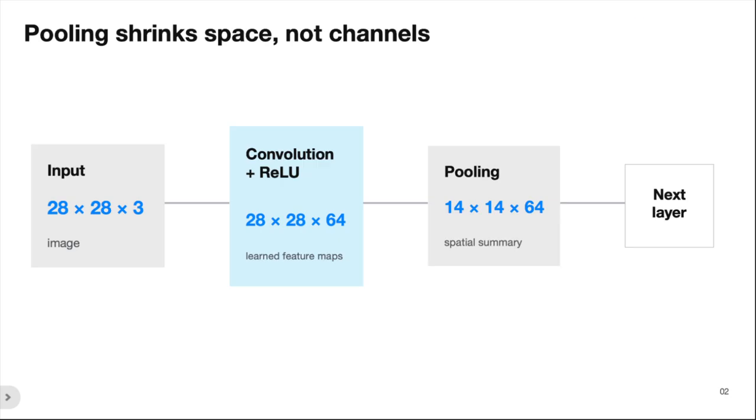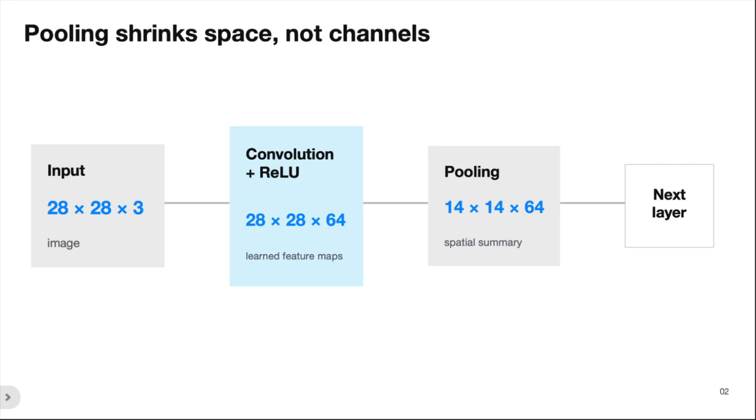Pooling normally appears after a convolution and nonlinear activation. A convolution produces feature maps. Each channel responds to some learned pattern at many spatial positions. The pooling layer then processes each channel independently.